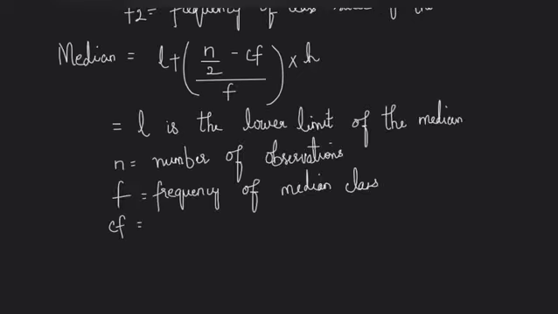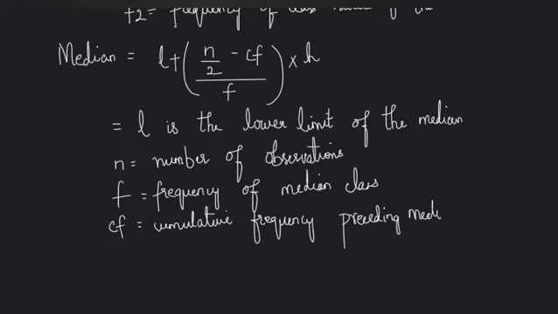Here Cf is the cumulative frequency of the class preceding the median class. And finally we have h, which is the size of the class interval.